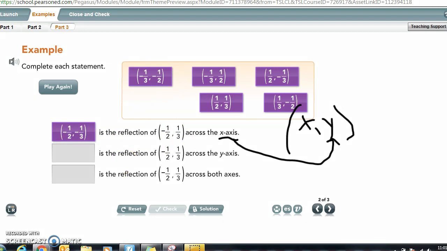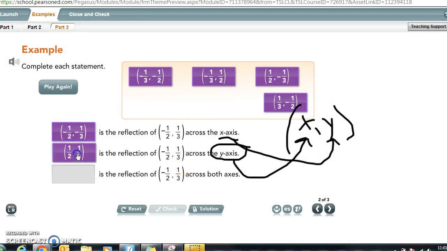Okay, for this next problem, they want us to reflect across the y, so I'm just going to change my x. So that means if x is the first number, I need to do the opposite of this. Well, the opposite of negative 1/2 is going to be positive 1/2, and I keep the second number the same, so I'm looking for positive 1/2, 1/3.